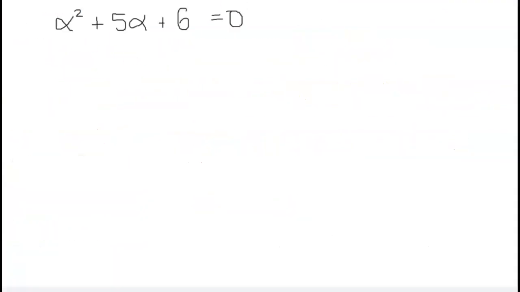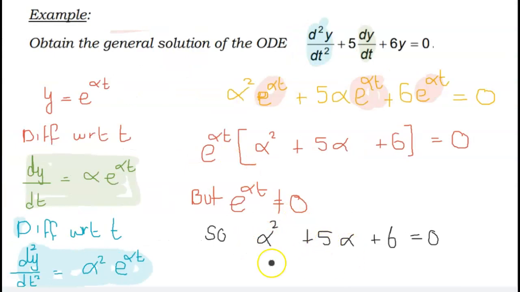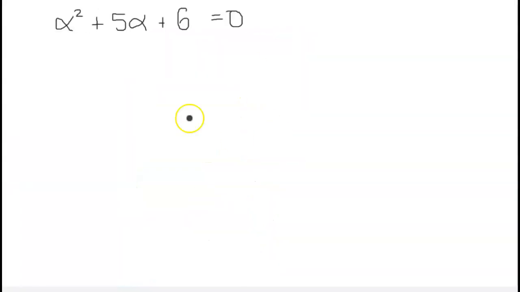So we need to find a value for the alpha for which this whole thing is 0. The way we do it, you can do factorization or you can use the quadratic formula.